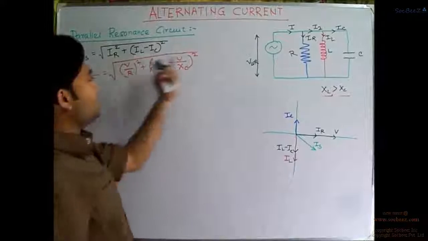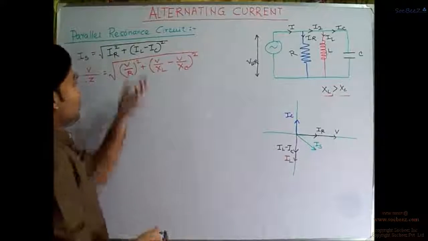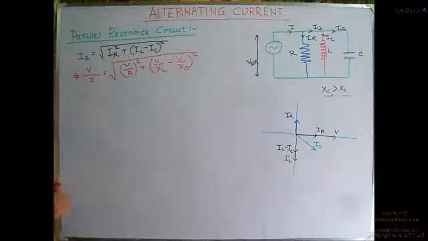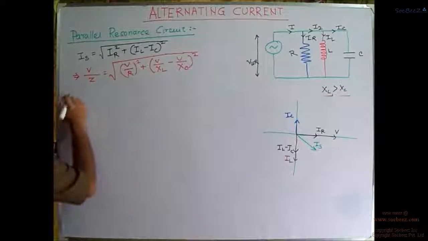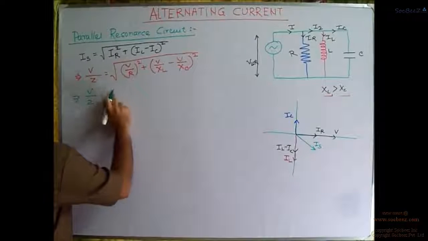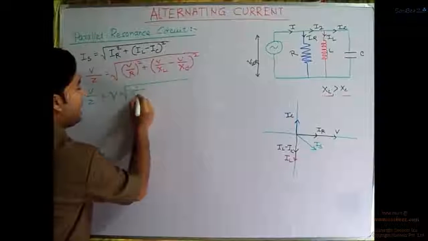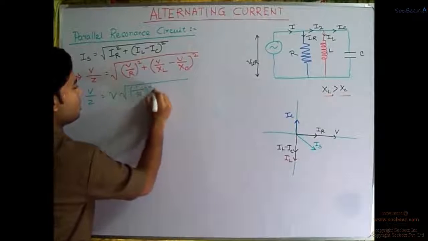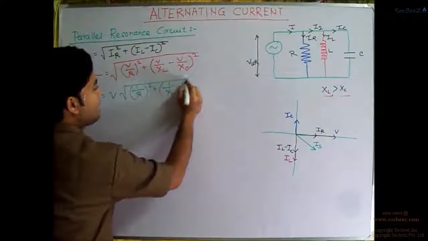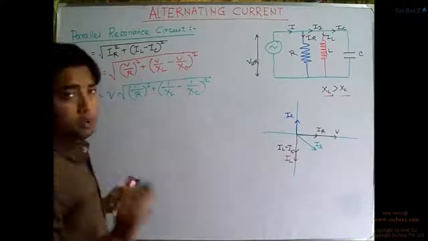Now over here, from this expression we can take V common. The V square taken out common will come outside of the root, and the expression will be V divided by Z equals V multiplied by the square root of 1 divided by R whole square plus 1 divided by XL minus 1 divided by XC whole square.